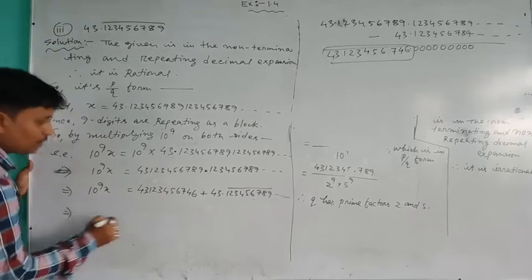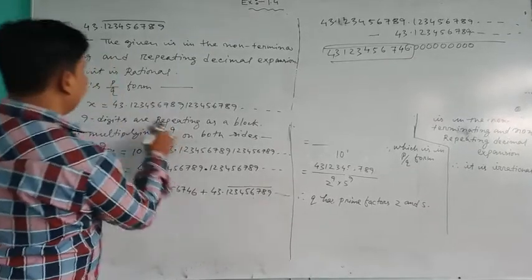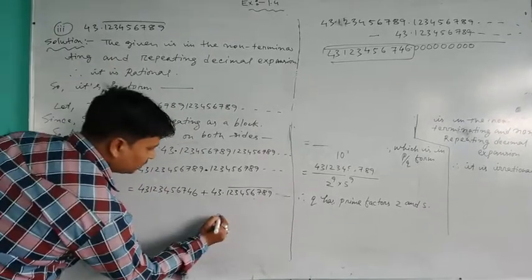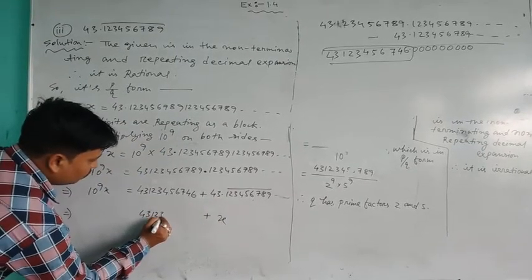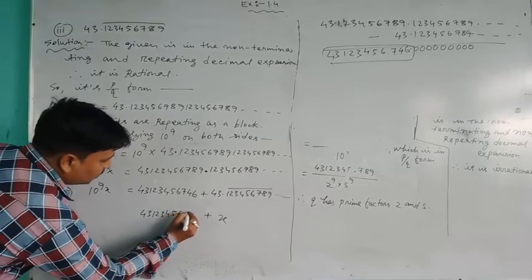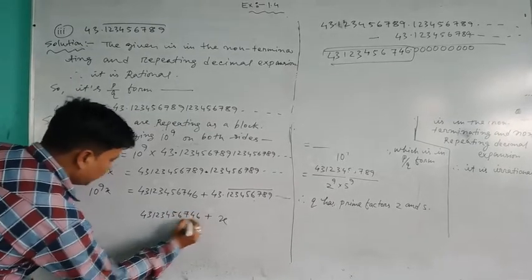Now this one you have declared as x, so in its place you write x, and this one is 43123456746.